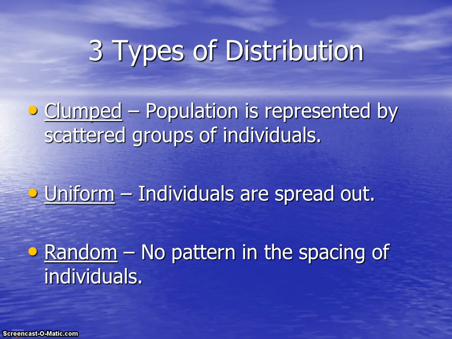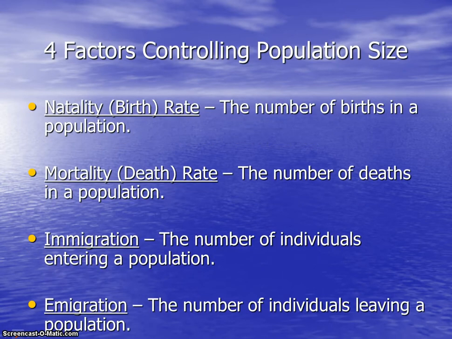And then random would be there's no real rhyme or reason how they get distributed, it's just happenstance how they get distributed within a particular area. So clumped, they kind of group together in small little groups. Uniform, it's more evenly spread out. And then random, there's really no pattern to how a particular population will spread in a particular area.